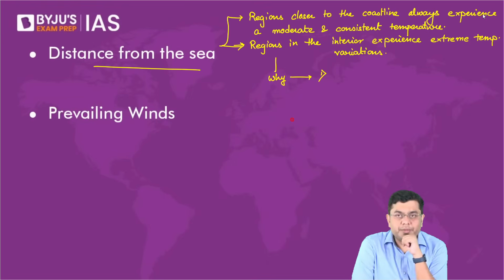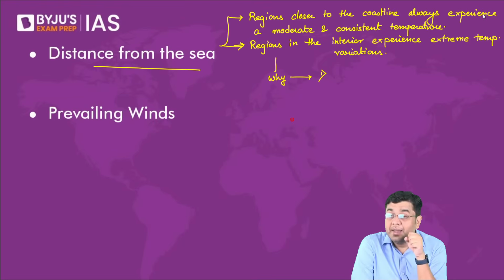Now, what is another reason? The other reason is the amount of water vapor in the air in the coastal areas. Will the amount of water vapor be high or low? Very good, significantly high, very, very high. Now, what did we talk about in terms of the retention of heat capacity of water vapor?